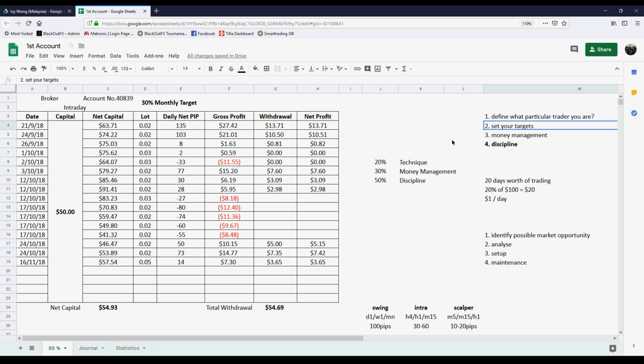Forex trading is not like you just go in one day and you become a millionaire the next day. It's not something like that. You need to treat this with respect, and you need to treat it properly. You need to be able to plan what things you need to put in place to achieve your targets in the market.